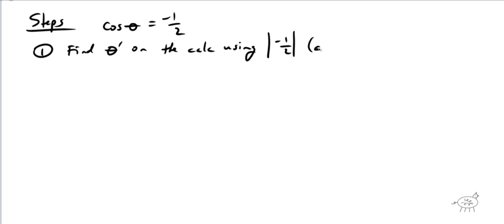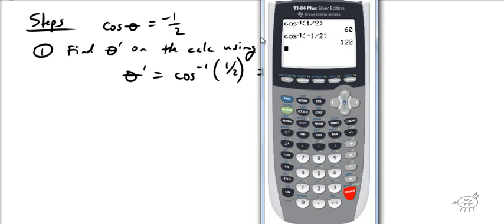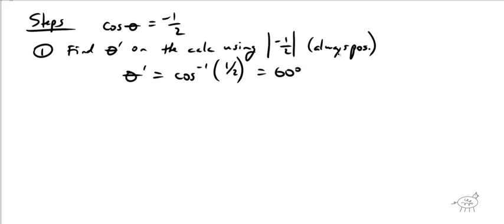Okay, so always positive. Very, very important. And so when I do that in the calculator, as I already showed you, your theta prime then is going to be inverse cosine of positive 1/2, which then will give you 60 degrees. We already did that one, right? There's the top one, inverse cosine 1/2. So that's your first step.